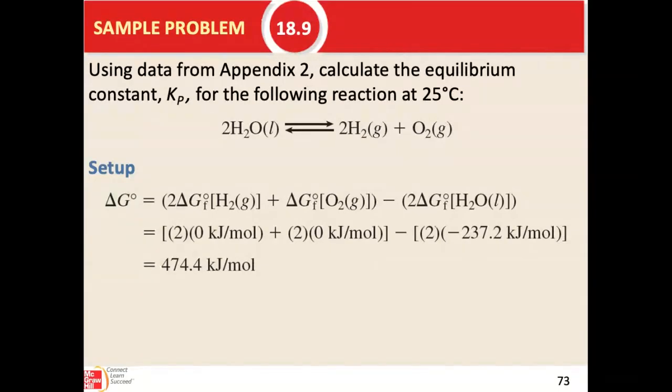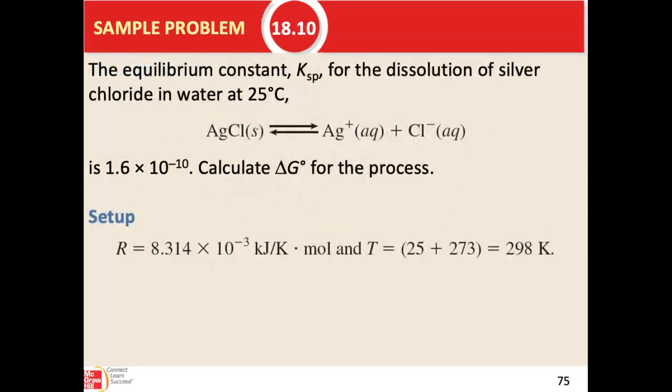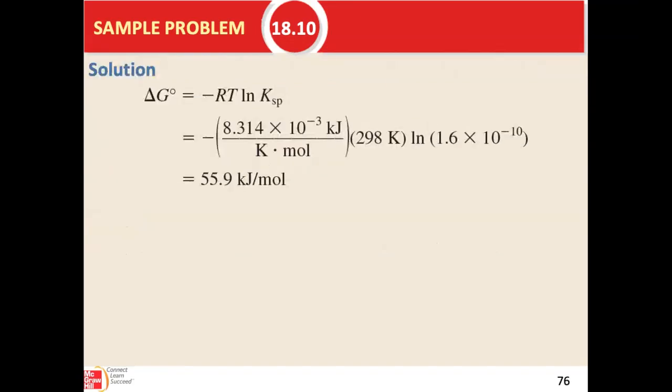And that doesn't happen: liquid water does not decompose into hydrogen gas and oxygen gas to any great extent. And you can do the same for other problems like that. You can calculate any problems using that equation.